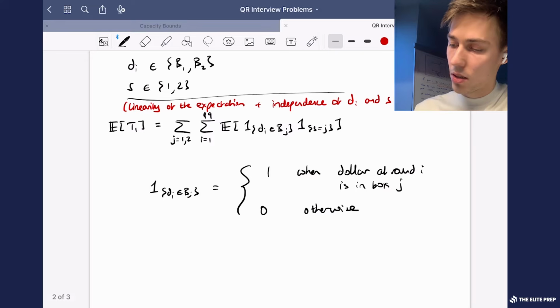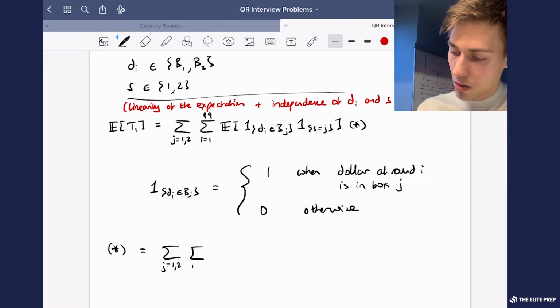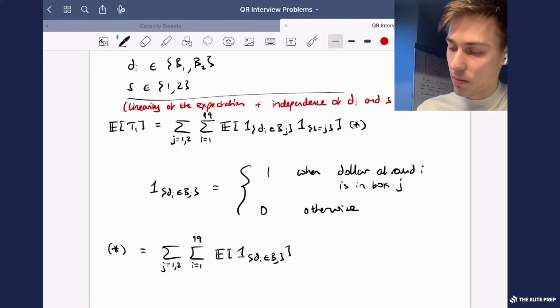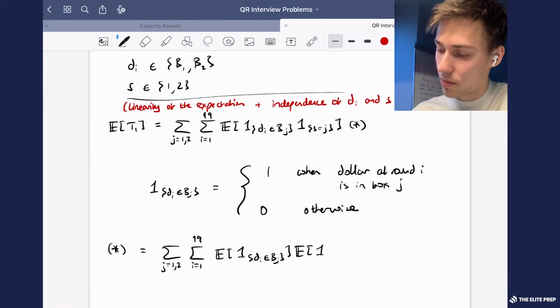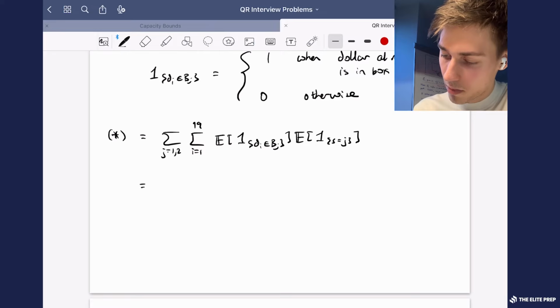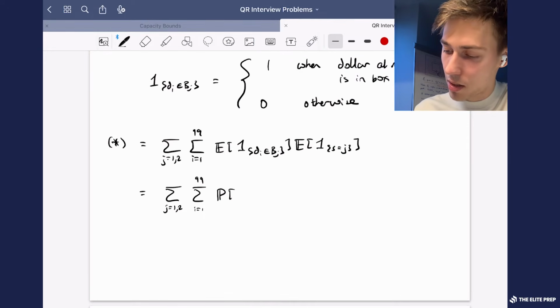So this then becomes the sum from J equals 1 to 2 of the expectation of the indicator of DI in Bj times the indicator of S equals J. So now we're using independence, where the expectation of the product of two functions equals the product of the expectations of the two functions. Then we use that the expectation over the indicator function is just equal to the probability of the underlying event.